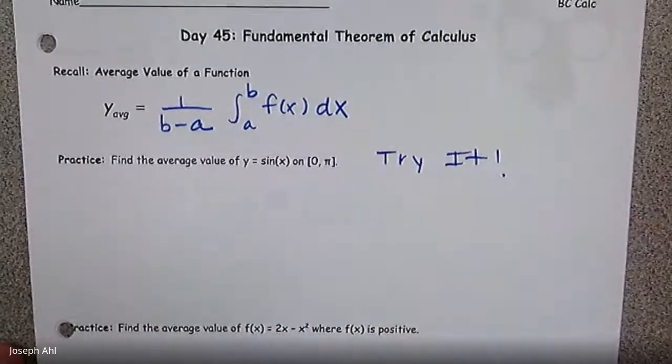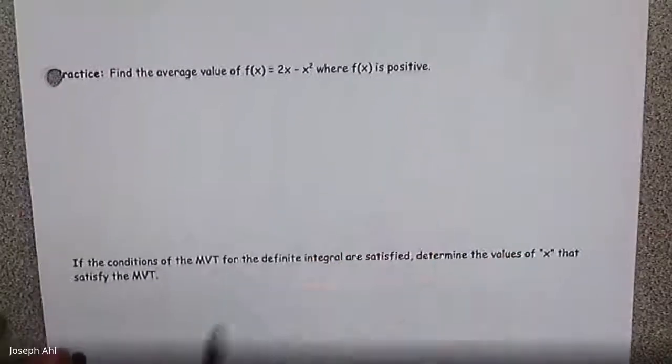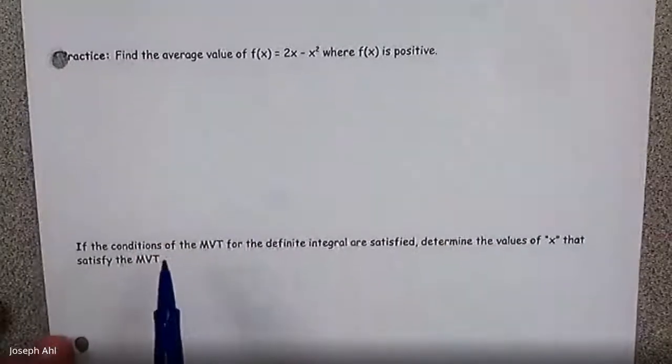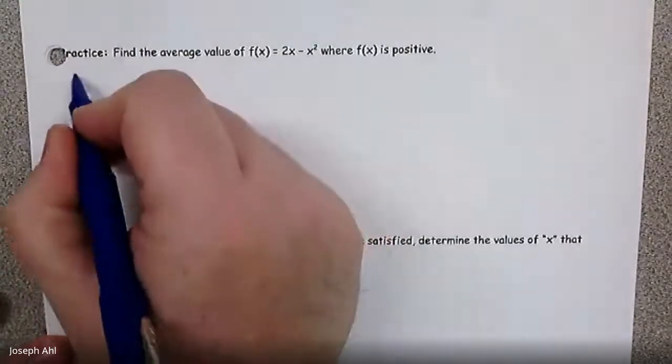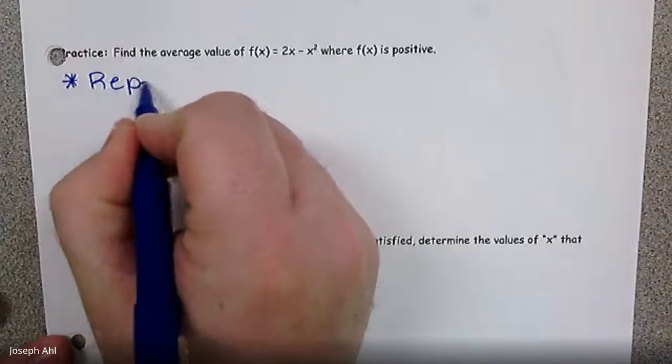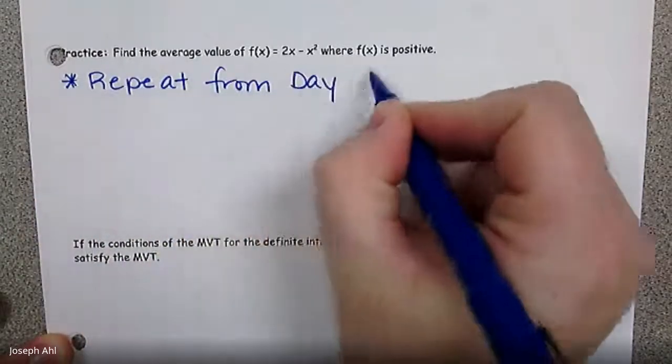And then there's another practice question right below it that has to deal with average value. Find the average value of this function where it's positive, and then find the values of c that satisfy the mean value theorem. Well, this is a repeat from yesterday's notes. So I will leave this completely up to you.